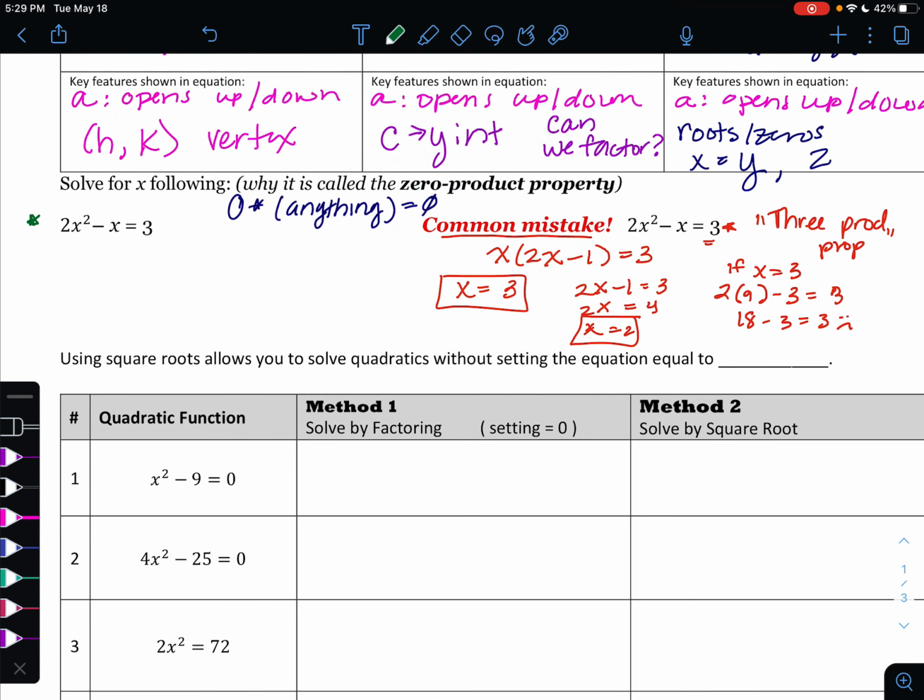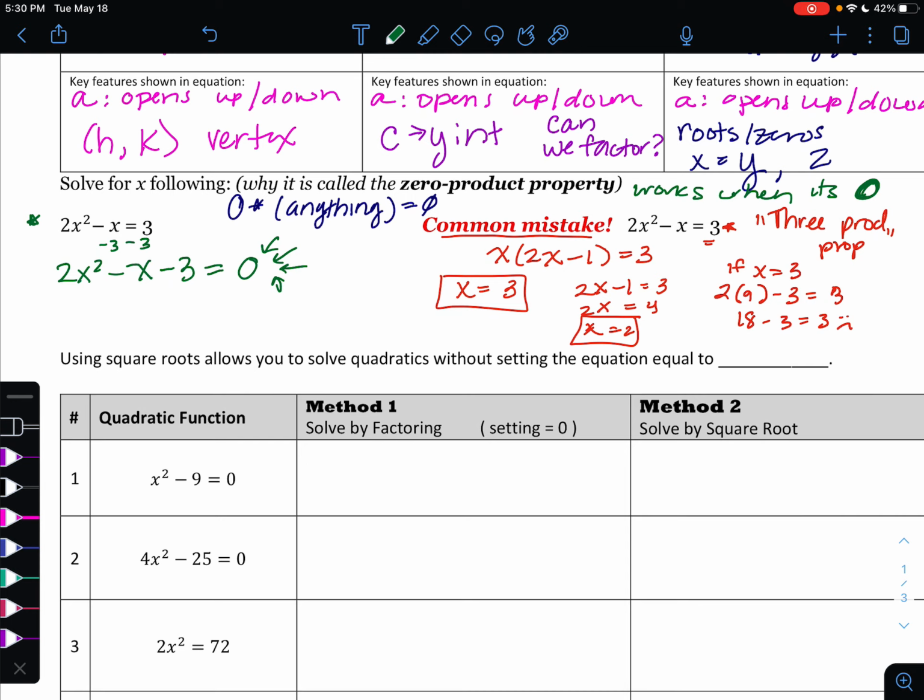So the zero product property works when it's 0. That's why we always start by moving this over. Oops, not 3x, 2x² minus x minus 3 equals 0. Ding, ding, ding, ding, ding. We need to use this idea of the zero product property.